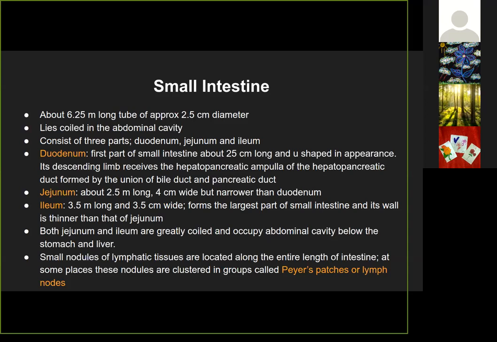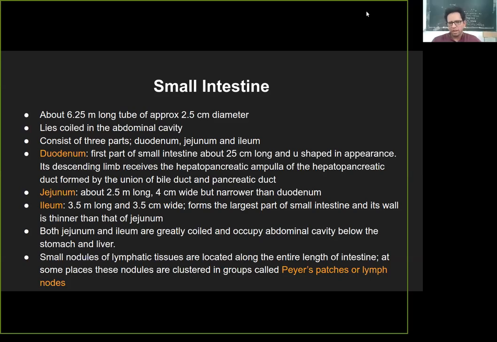Small intestine is divided into three parts: duodenum, jejunum, and ileum. Looking at the stomach part, the duodenum is the first part, which is attached to the stomach. That is the first part in the small intestine. This duodenum is almost 25 centimeter long, and it is one of the shortest parts within the whole small intestine.